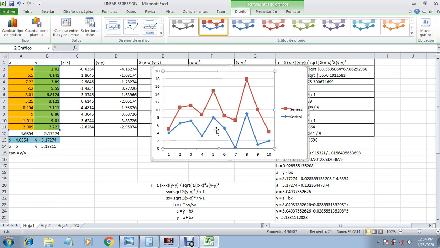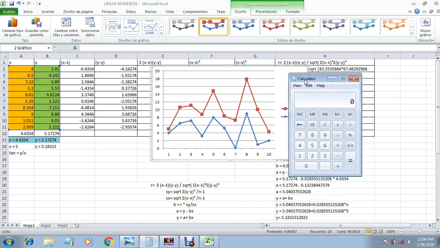As we know the tangent line, I open this calculator to introduce the formula of the tangent.